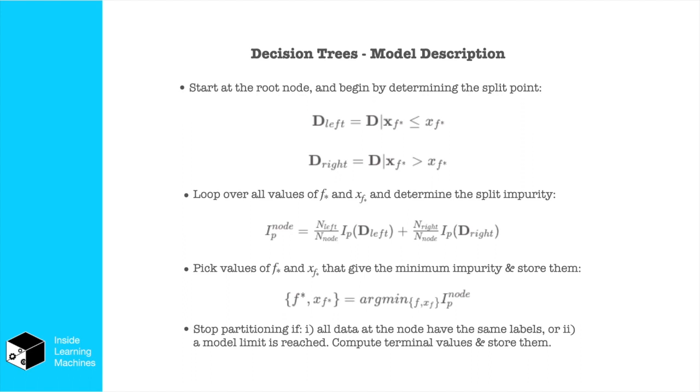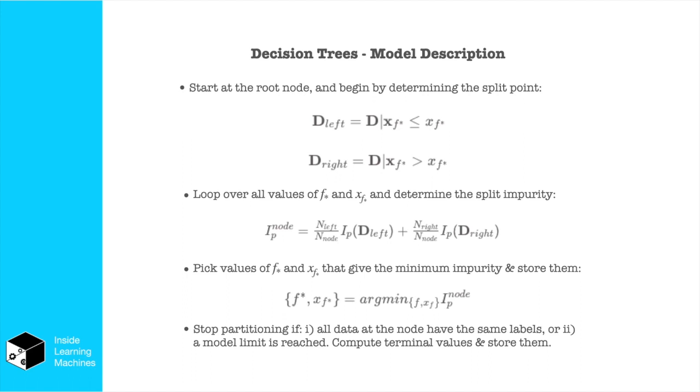Now we stop this whole process if A, all the labels that arrive at a given node have the same value, in which case there's no longer any sense in splitting the data, or B, a model limit is reached, and that is usually specified through a hyperparameter of one sort or the other.